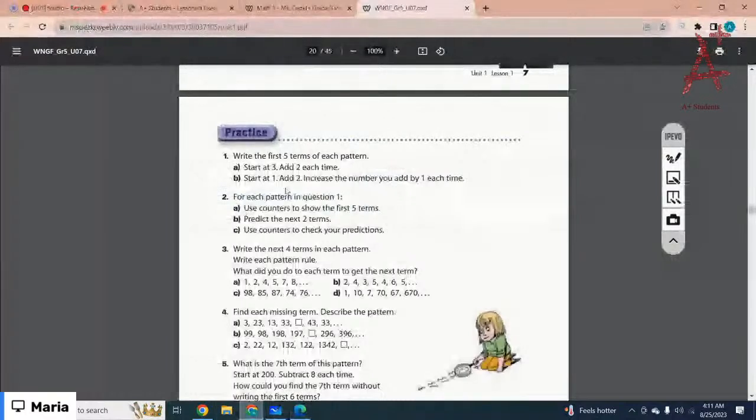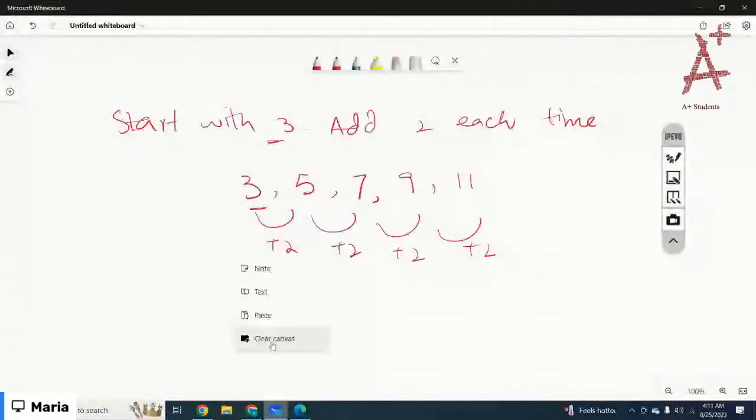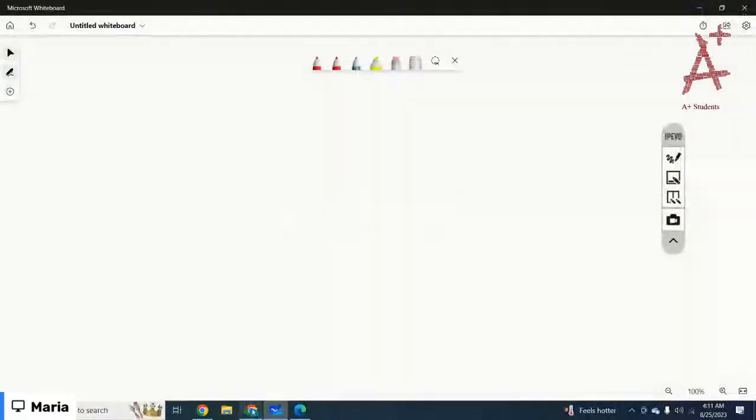Okay, the next one is: start at 1, add 2, increase the number you add by 1 each time. Okay, you started with 1, add 2, that would be 3. 1 plus 2 is 3.